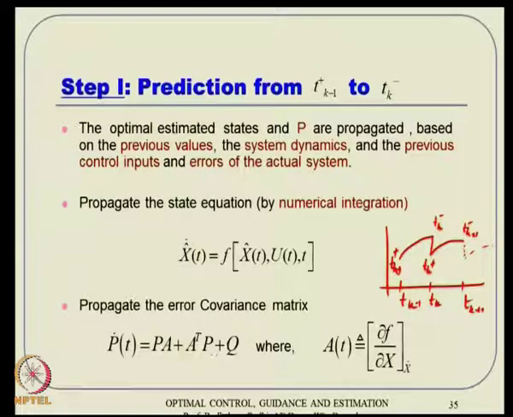Where it comes from we will discuss later. But then you use this equation: P dot of t is nothing but P A transpose plus A P plus Q, where A of t is defined as del f by del x about x hat, that is more important. So, linearization is carried out at the most recent estimated value of the state, that is what A of t means.